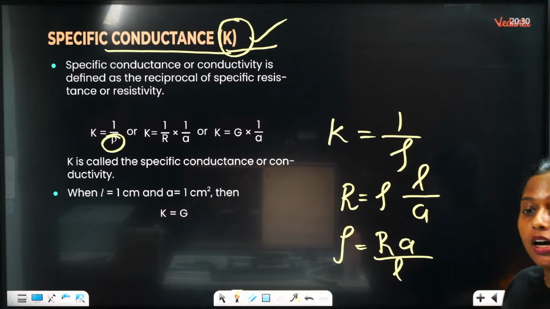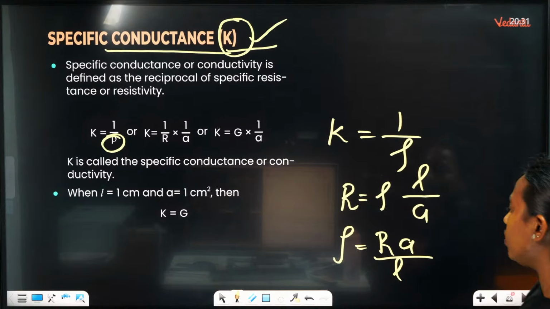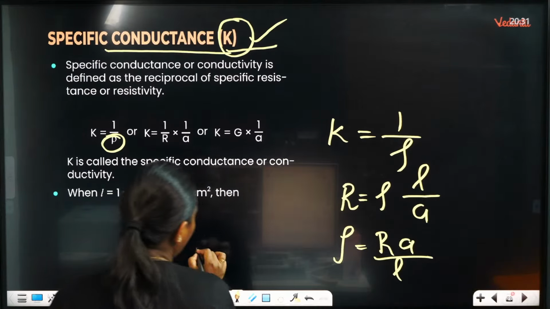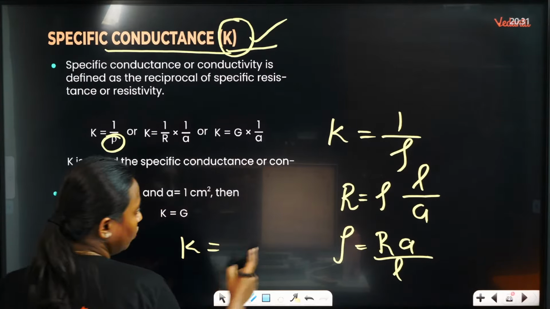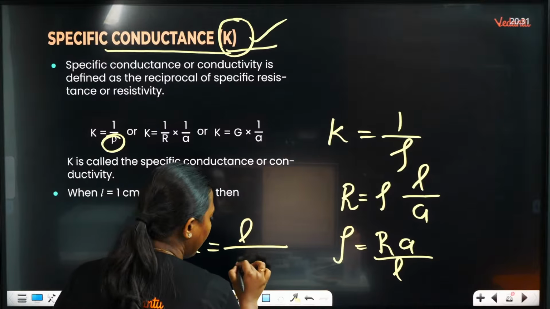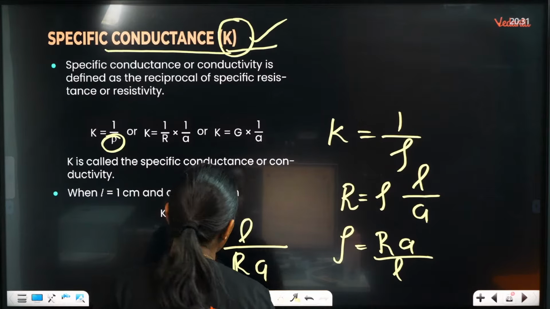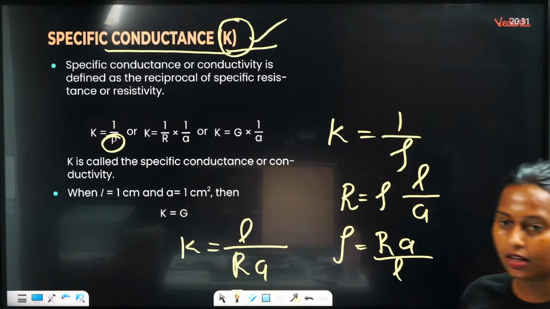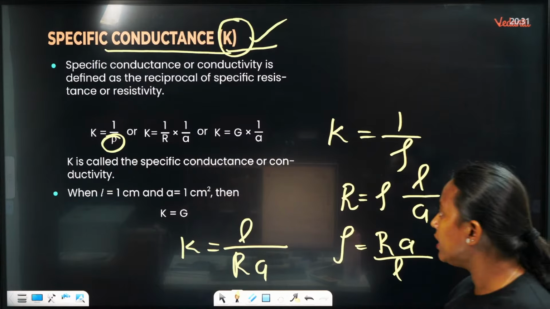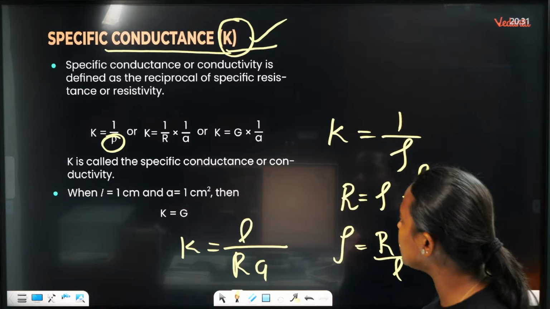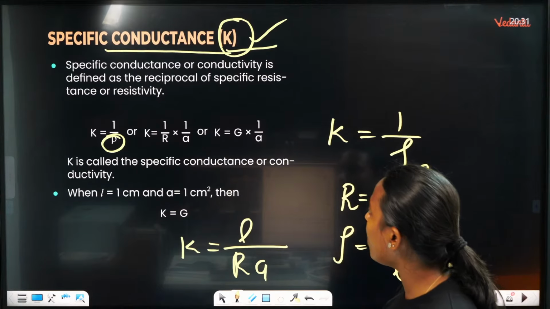Then what is kappa da? Kappa means 1 by rho. So I am writing here, kappa is equal to L by RA. Okay, so here I can write it as 1 by R.